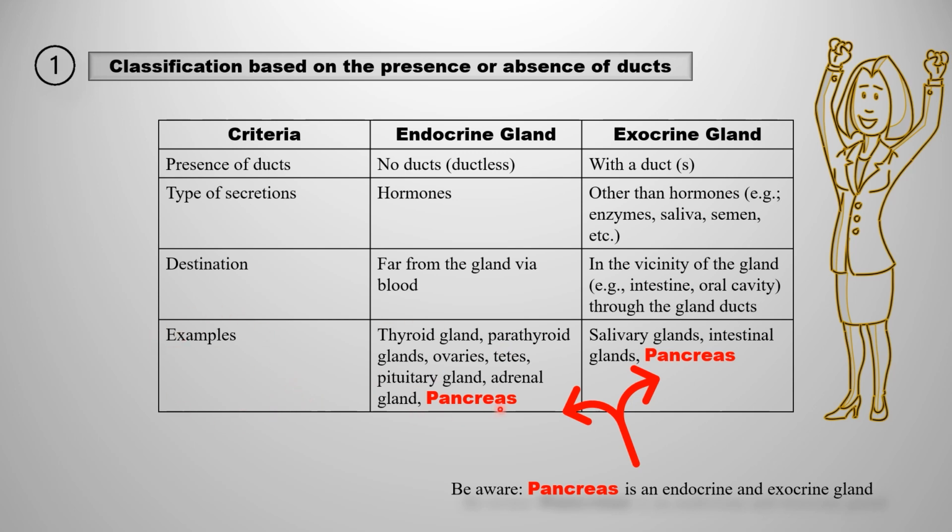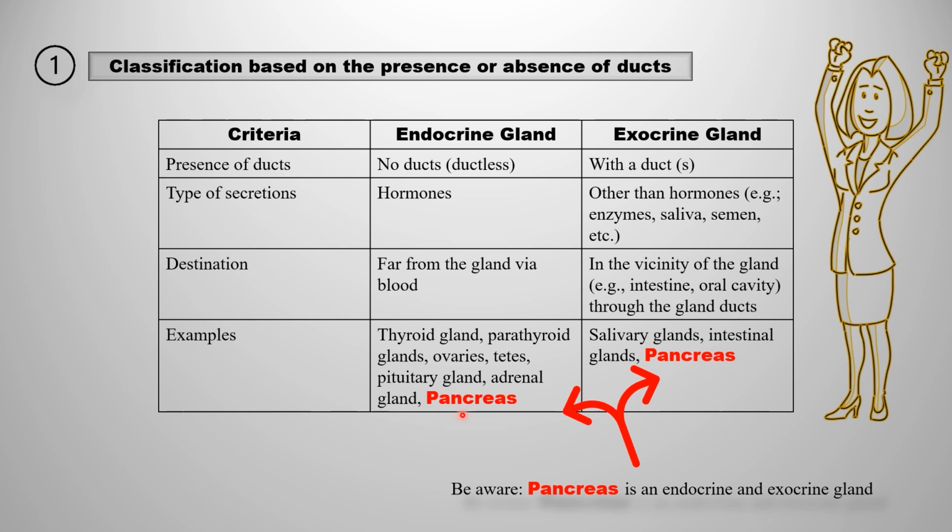Examples of each of these: the thyroid gland is an endocrine gland. The parathyroid glands are endocrine glands. The testis is an endocrine gland. The ovaries are endocrine glands. The pituitary gland, the adrenal glands, the pancreas.